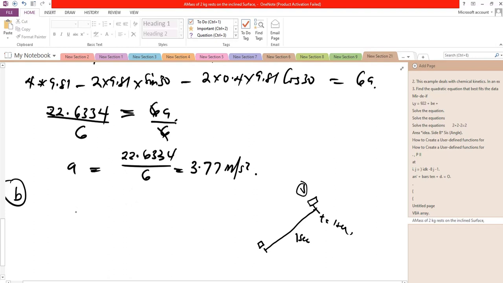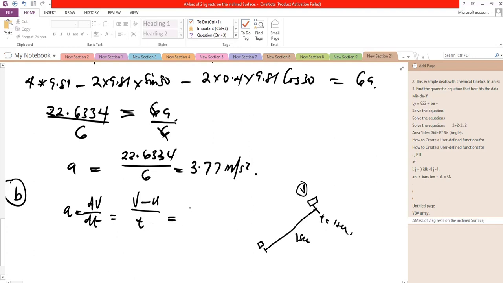To do that, we know that acceleration is equal to the change in velocity over the change in time. So the change in velocity will be the final velocity minus the initial velocity, all over the time taken.